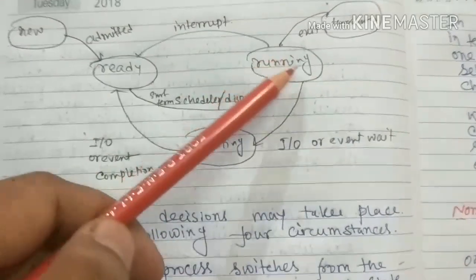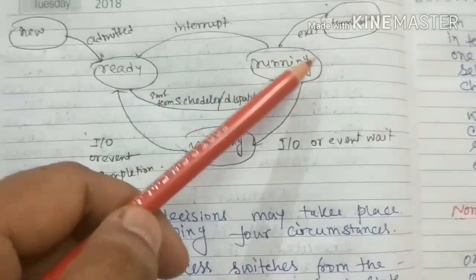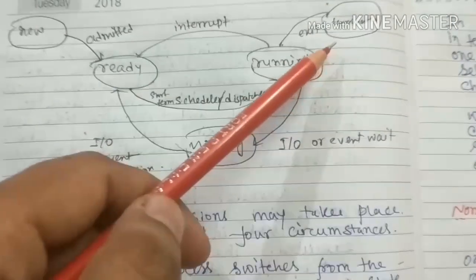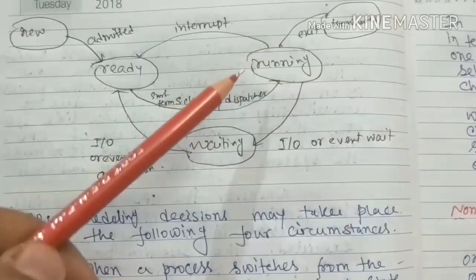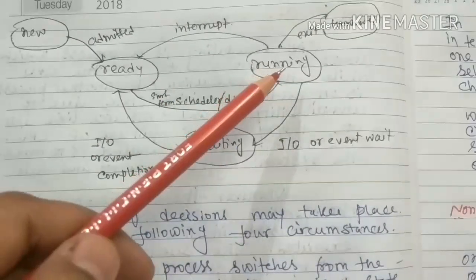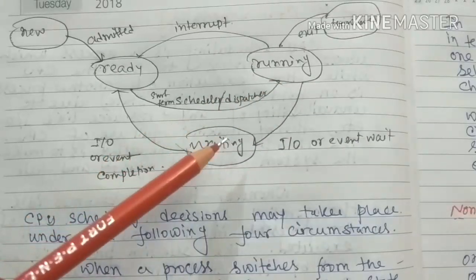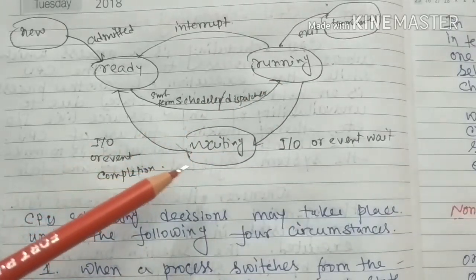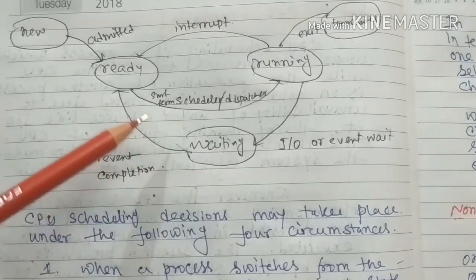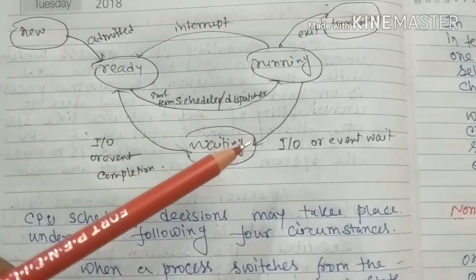If it completes its execution, then it terminates and moves to the terminated state. From the waiting state, if the input output event is completed, then it can switch again to the ready state. So this diagram shows how a process moves between the ready, running, and waiting states.